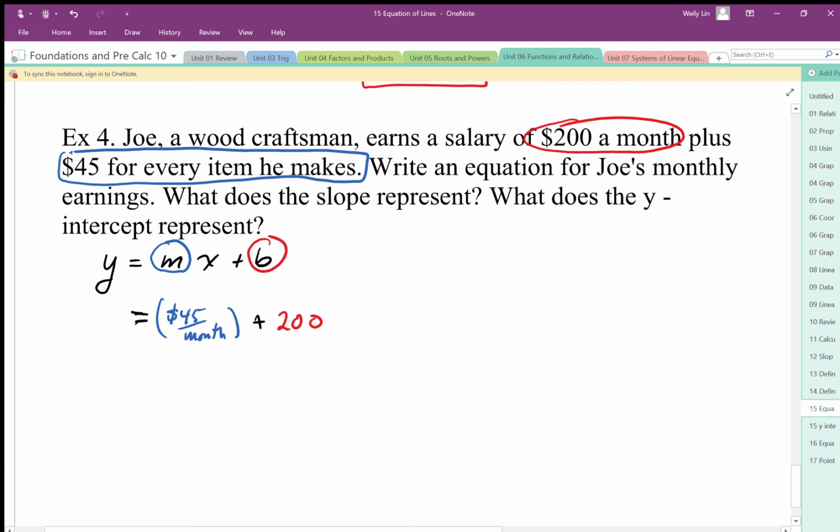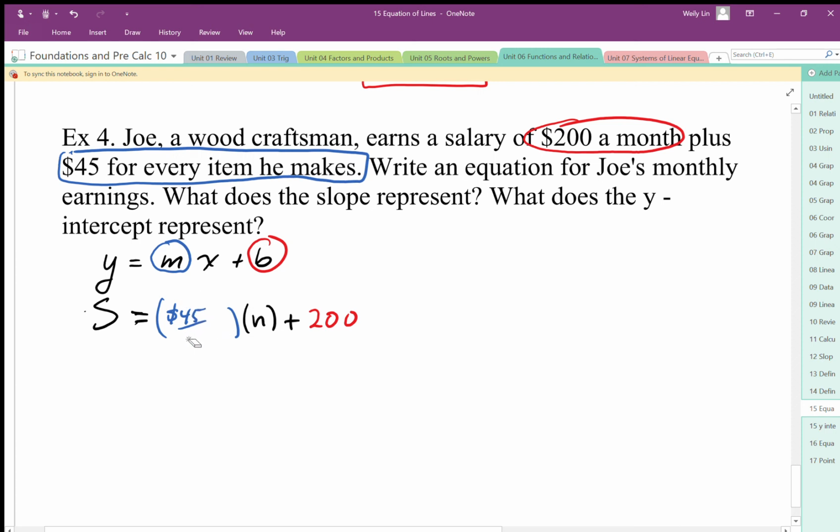And so, oops, I forgot to put my variables in here. My independent variable is the number of items, so I'm going to write this as times n, and the y value is his salary, so I'll write that as S. So salary earned is going to be $200 plus $45 for every item.